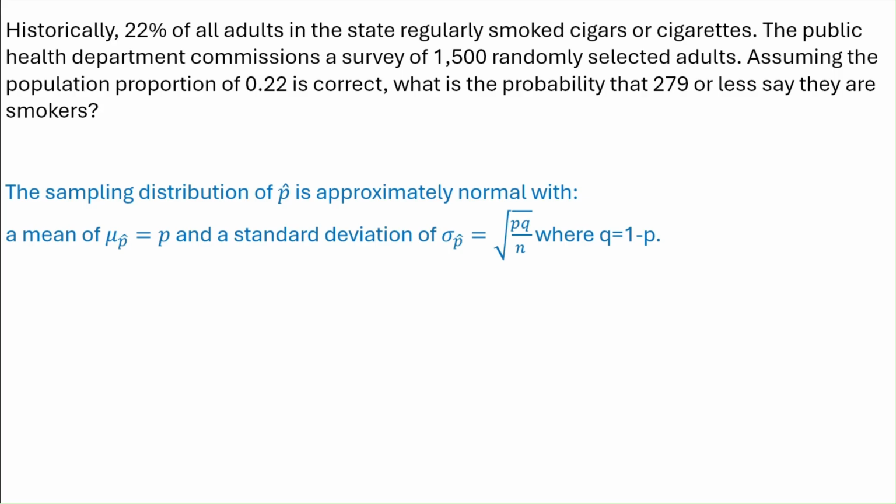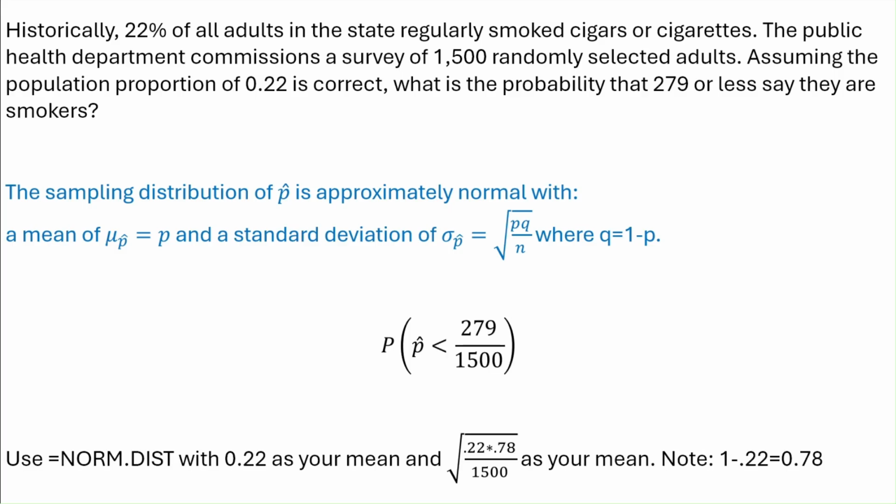All right, so let's rephrase what this problem is asking. It's asking me, what is the probability that if I take a sample of size 1,500, my sample proportion is going to be less than 279 divided by 1,500. So, like I said, we're just going to solve these using the NORM.DIST function like before.